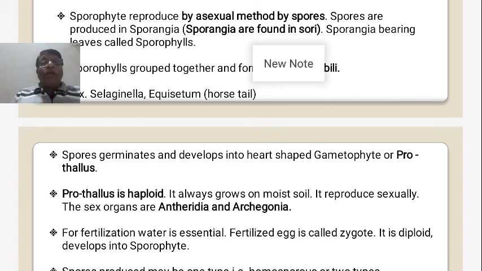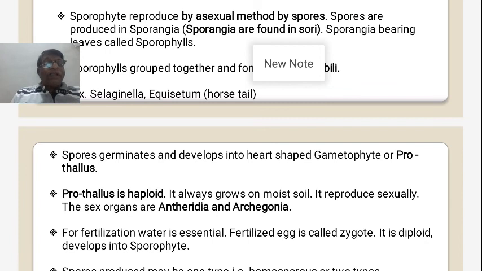Antheridia are ciliated to swim in water. Water is essential for fertilization also. When the sperm fuses with the egg of the Archegonium, we call it fertilization. The fertilized egg is called zygote.